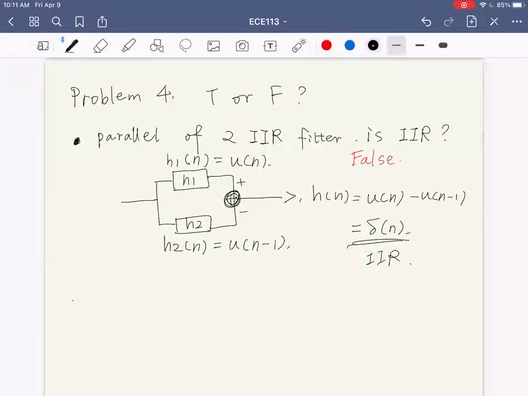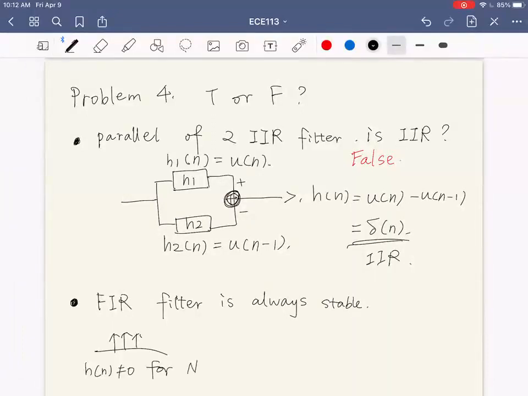Okay? And one last point in this discussion. Let's determine if this statement is true: a FIR filter is always stable. Is that correct? The FIR filter means that you only have a finite number of support in your impulse response function, for n1 to n2, and we know that n1 is greater than or equal to 0.